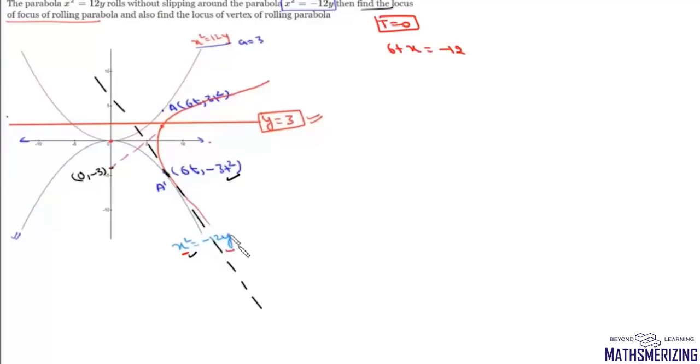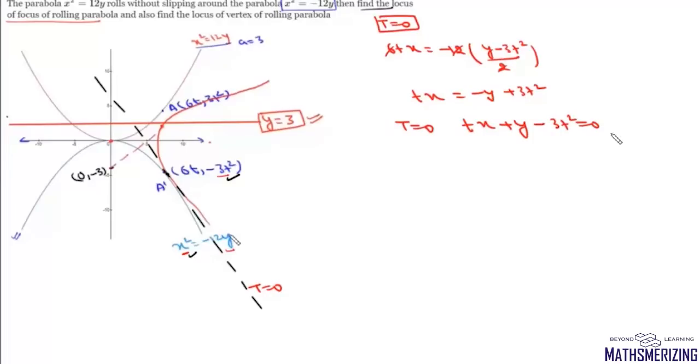And in place of y, we'll write (y plus y1) upon 2, so it will be y minus 3t square upon 2. Now here 6 and 6 will cancel. So the equation of this tangent, which is T equals 0, is given by tx plus y minus 3t square equals 0.